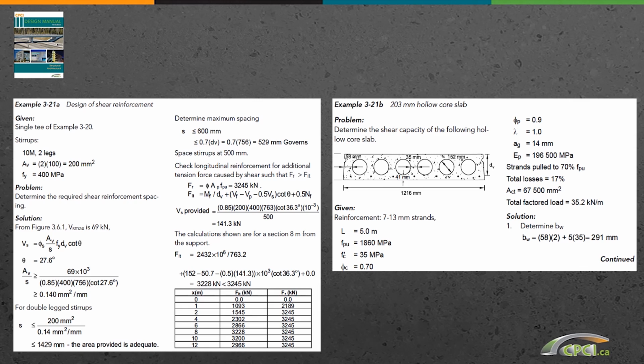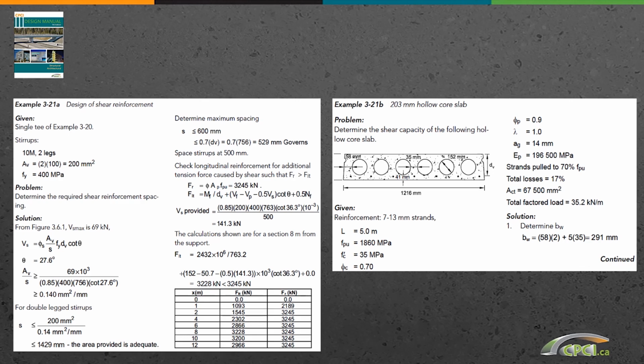We find out that it is not 600 actually, it should be 529. So we agree on 500. So we have three values: one by calculations, one by this condition, and the other one by this condition. Each one of them gave us different numbers. Since we arrived at 529, we say we might as well make it 500. That would be the spacing of the stirrups.